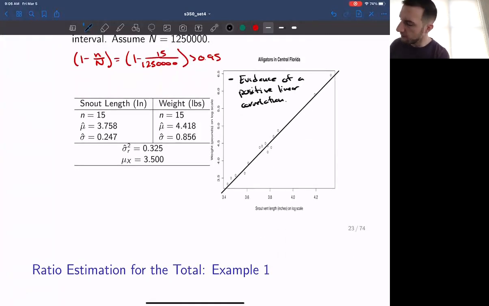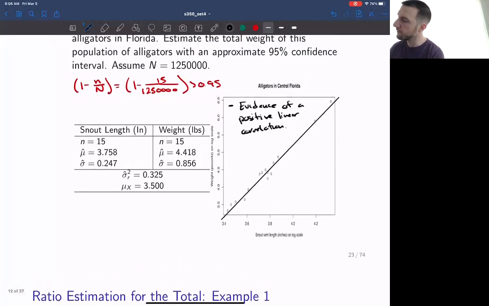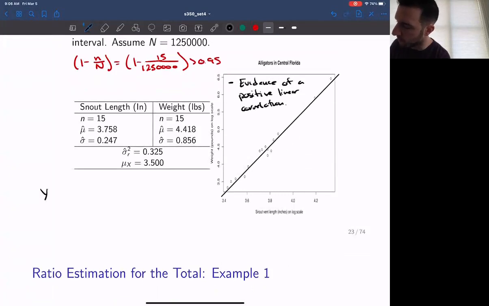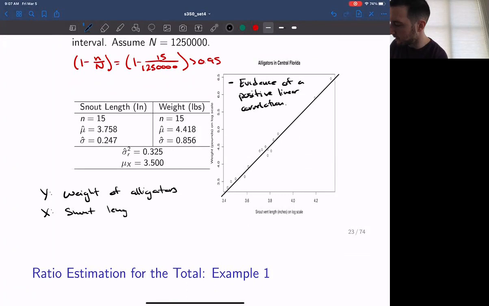Okay, so we want to find the total weight of the population of alligators. So Y is going to be weight of alligators. X is going to be snout length of alligators.